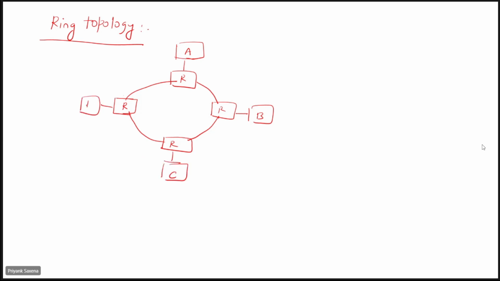I told you about the basic working of a ring topology, that the data travels in a unidirectional fashion.